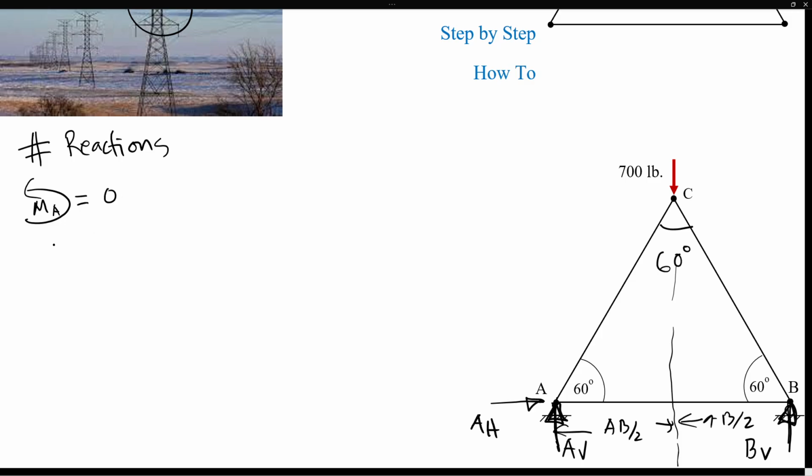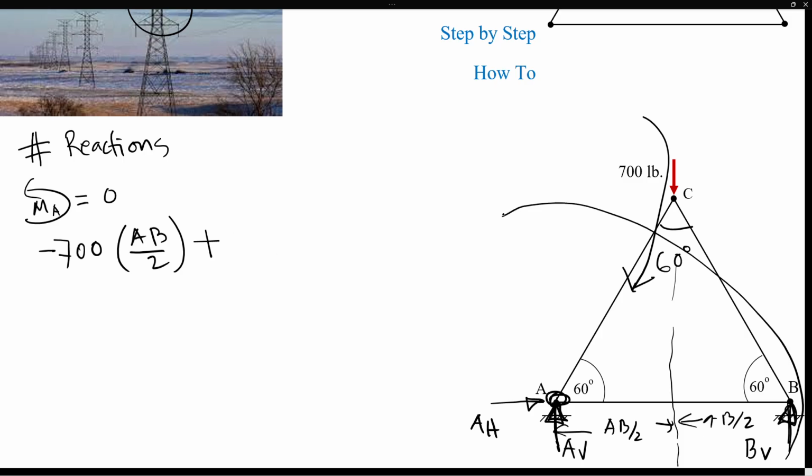So if you take moments with respect to A, the 700 will cause a clockwise moment, so that's going to be negative, and it is AB by 2 away from point A. Then the reaction at B will cause a positive, counterclockwise moment: VB times the distance, which is AB from A. Everything sums to 0.